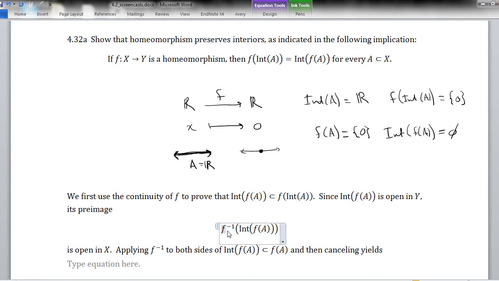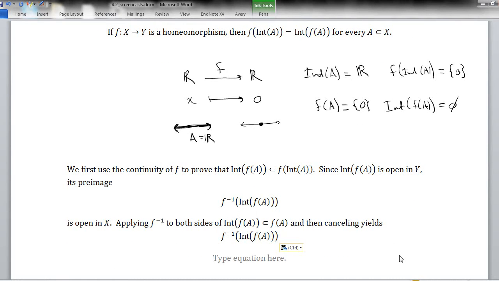Copy it from up here. Applying f inverse to the left side gives us this thing we're interested in.